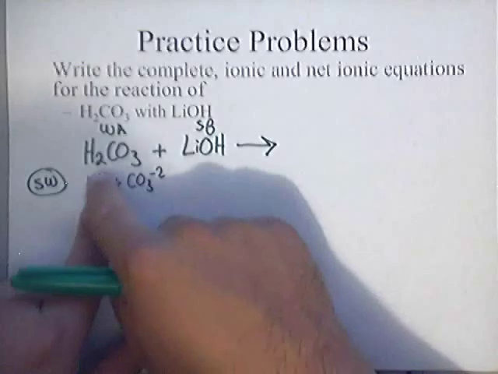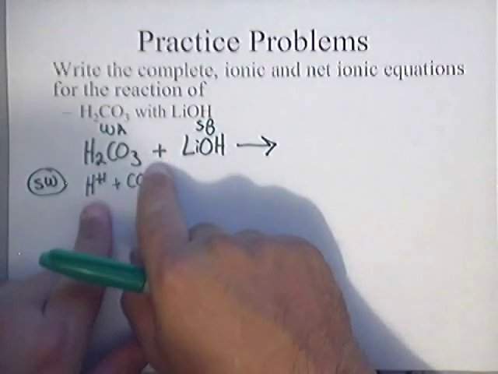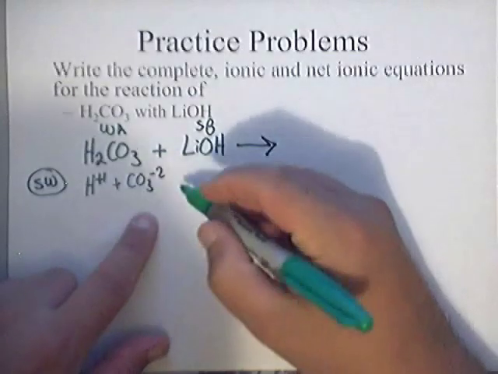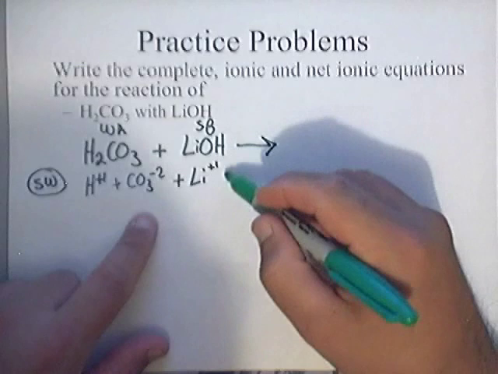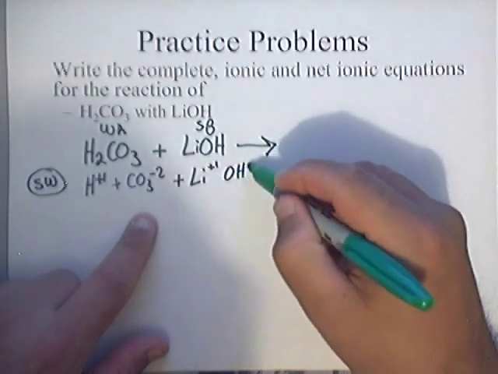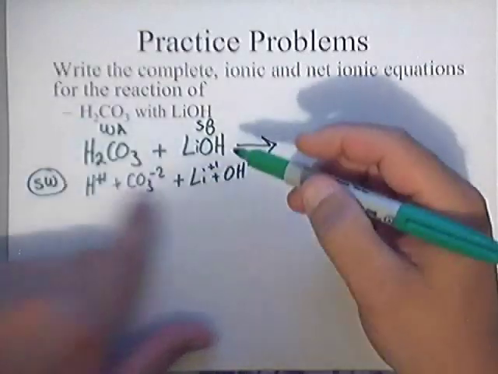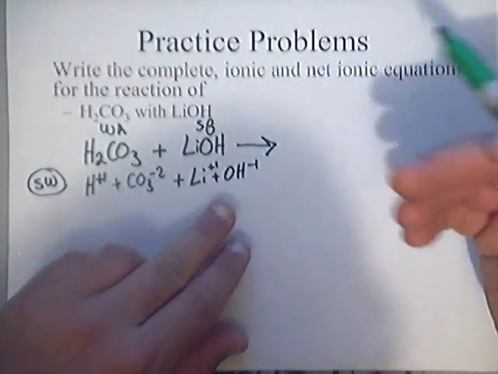That's how I got it from the formula. This 2 is actually the charge up here. There's a dot number behind the 3, so that was a 1 for the hydrogen. Plus lithium, which is Li plus 1, and OH negative 1. If you want to, go ahead and put all your pluses in there, but sometimes I do, sometimes I don't, because this is just scratch work.